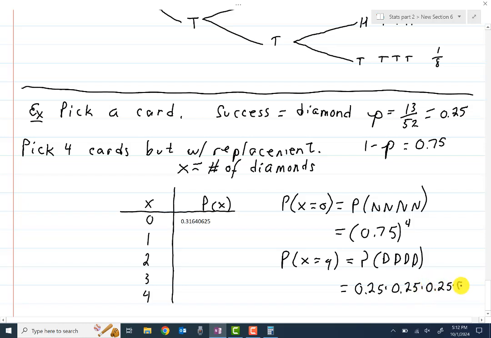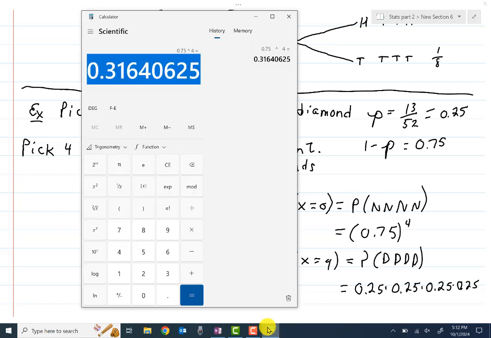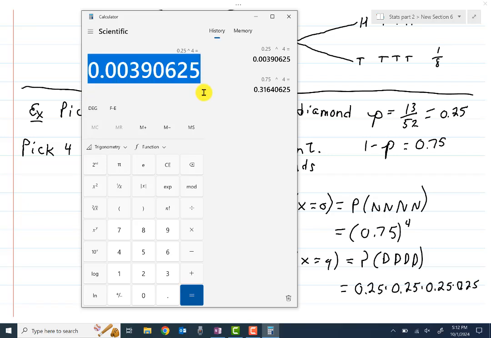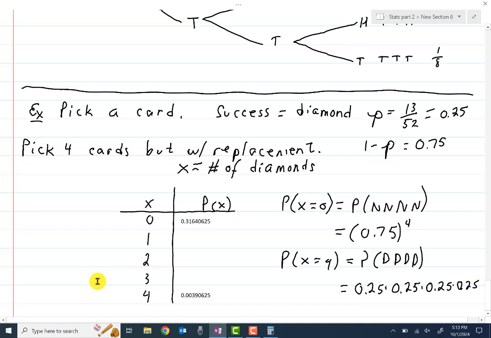Third card, and finally the 4th card. You can see the probability of this is going to be less than this one here for sure. Let me go to the calculator and do 0.25 raised to the 4th power. So I have those 2 down.